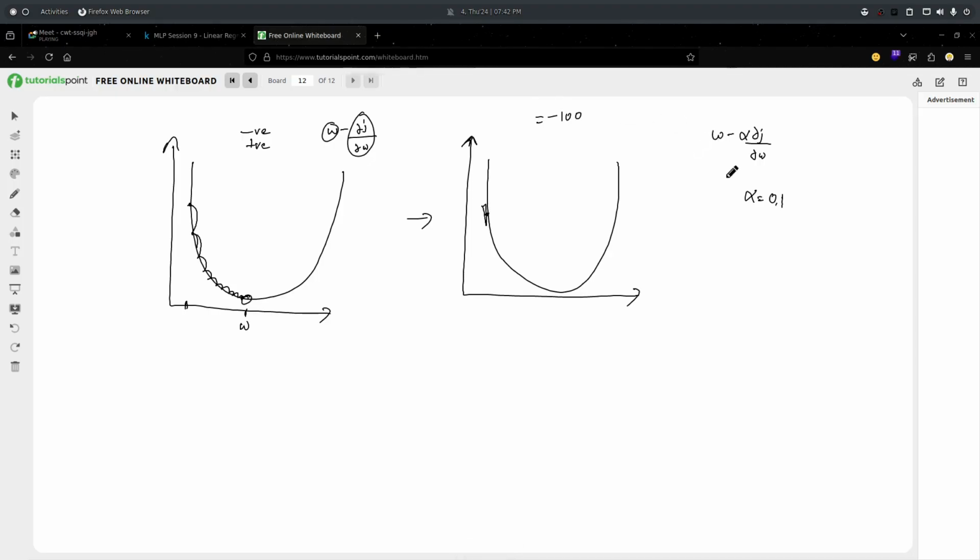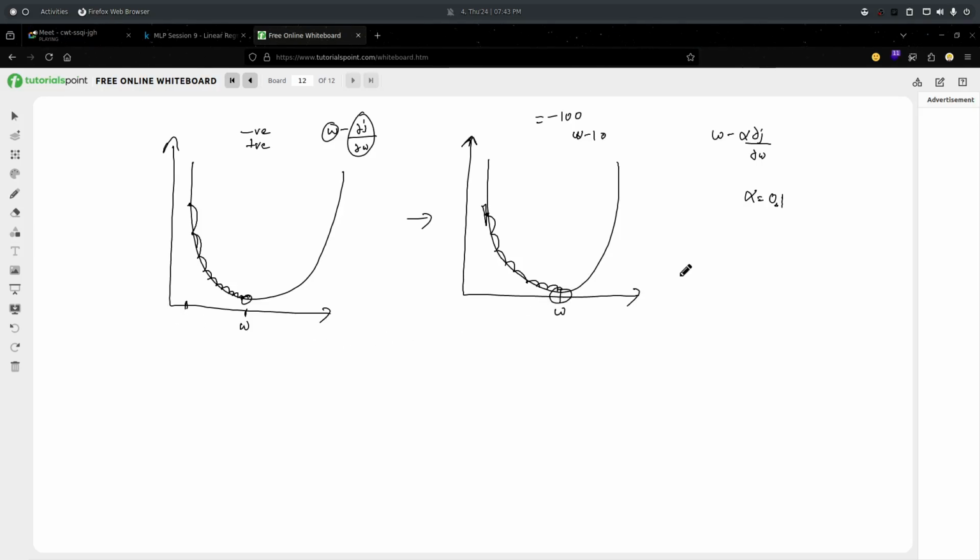Then with the alpha parameter 0.1, I'll only subtract 10 from w, because I'm taking only 10% of the slope. The similar thing will happen here and here and here, and it helps us reach the minimum value in a more efficient way.